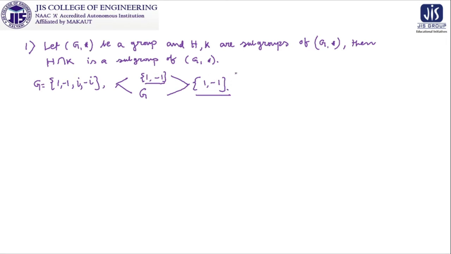So the intersection is again a subgroup, which substantiates this claim. It is not the formal proof, it is for your verification. The proof is going to be done with the help of that particular property, that A, B in H implies AB inverse is in H, and vice versa.